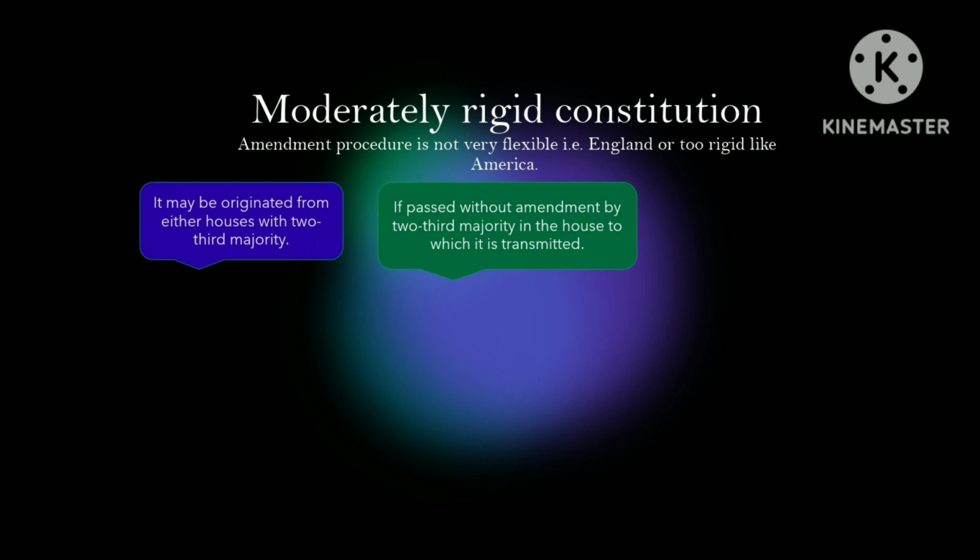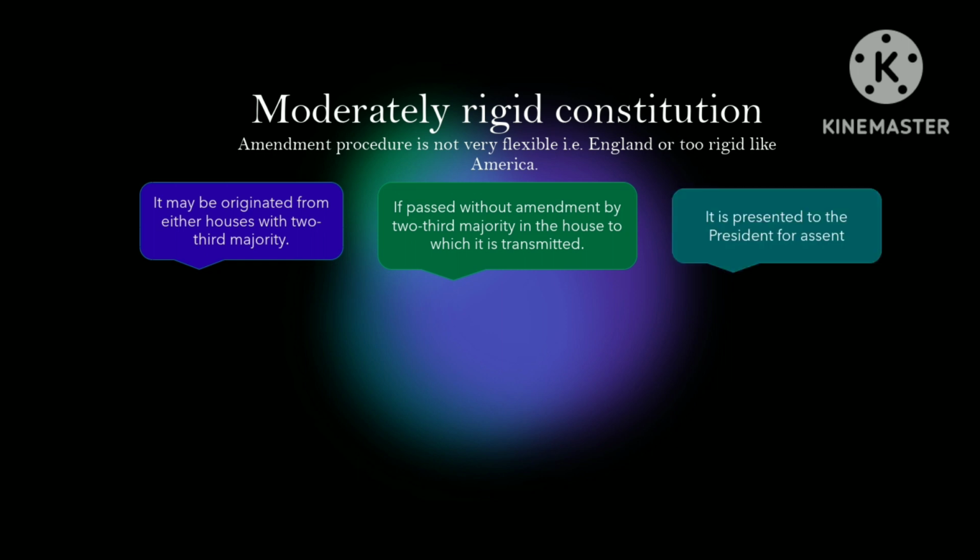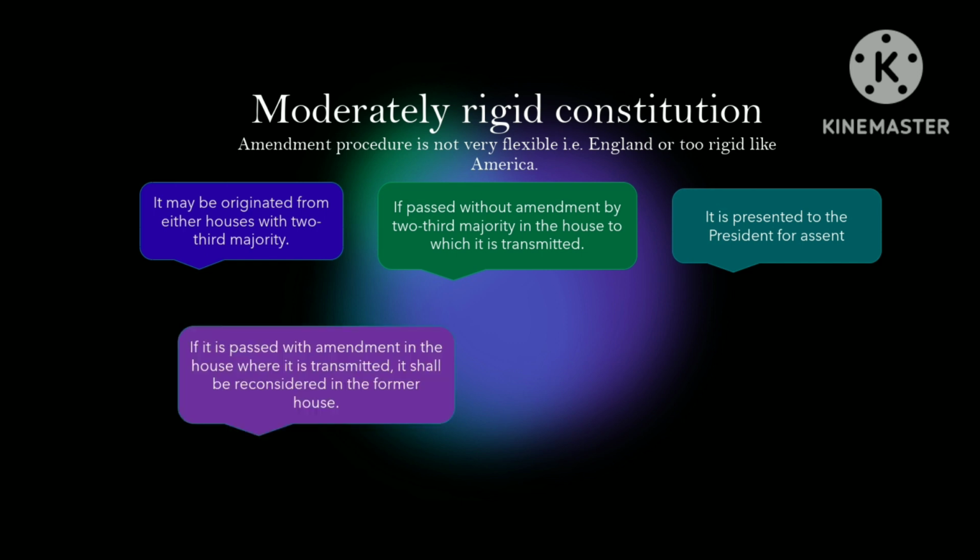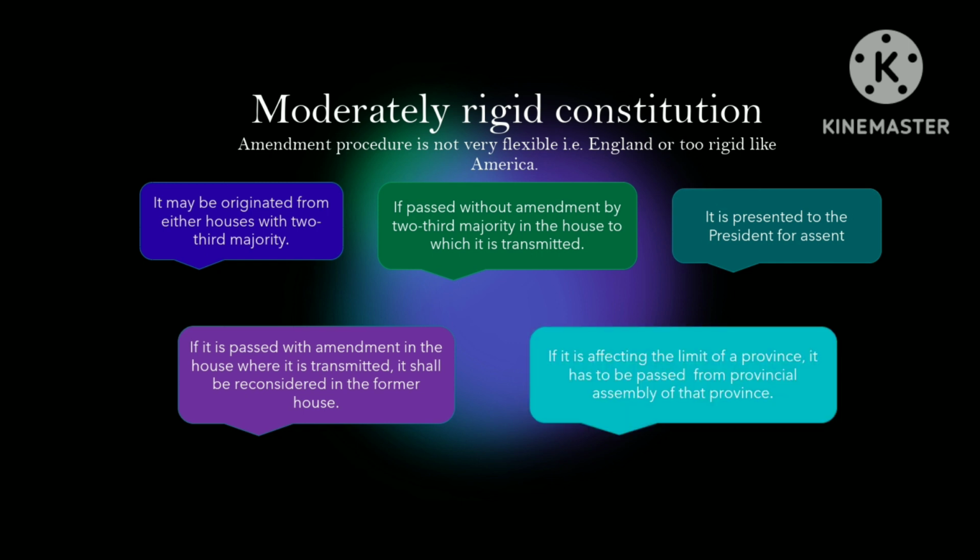If passed without amendment by a 2/3 majority in the house to which it is transmitted, it is presented to the President for assent. If it is passed with amendment in the house where it is transmitted, it shall be reconsidered in the former house and then presented to the President for assent.